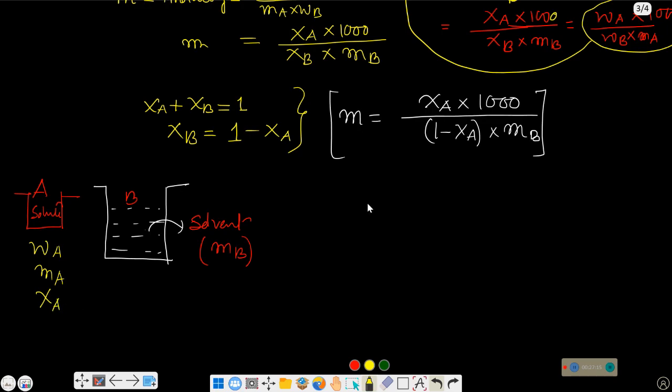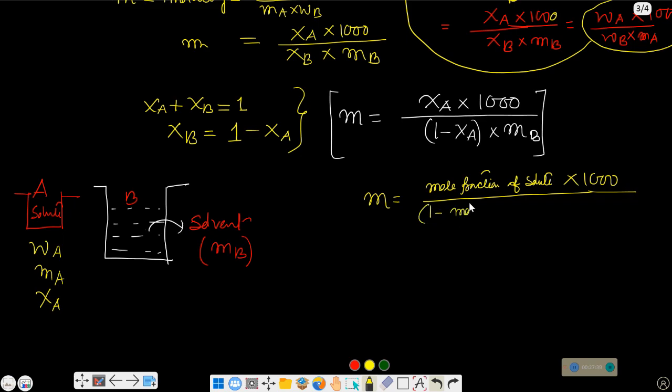Then I can write molality M is equal to mole fraction of solute into 1000 divided by 1 minus mole fraction of solute into molecular weight of solvent.